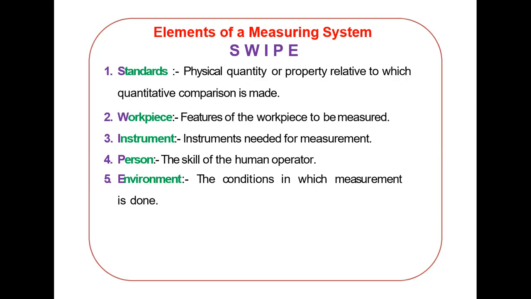P stands for the person or the skill of the human operator, and E stands for environment, the conditions in which measurement is done. So these are the total 5 elements of the measuring system. SWIPE.